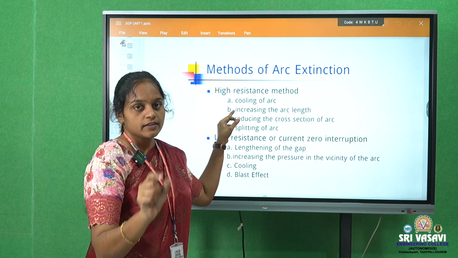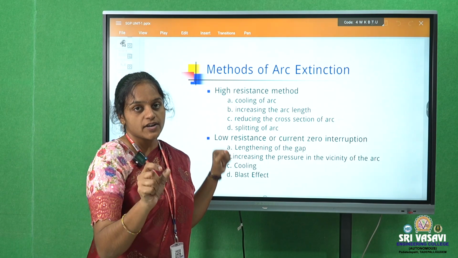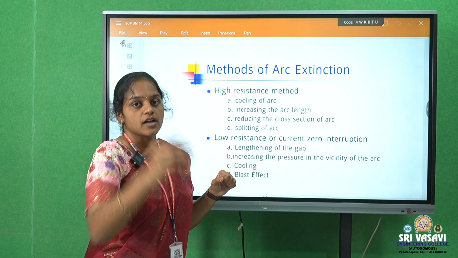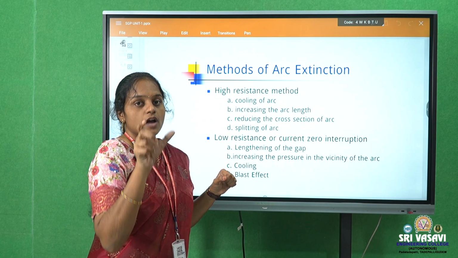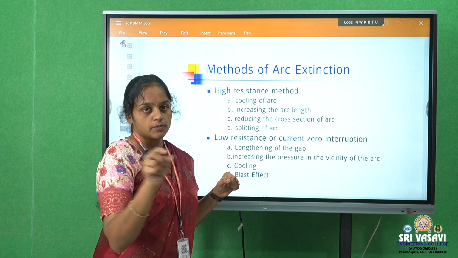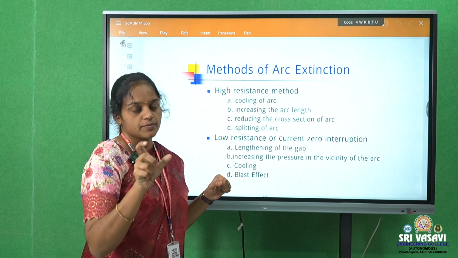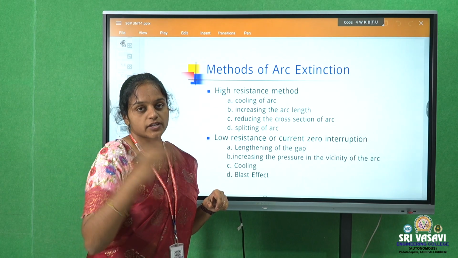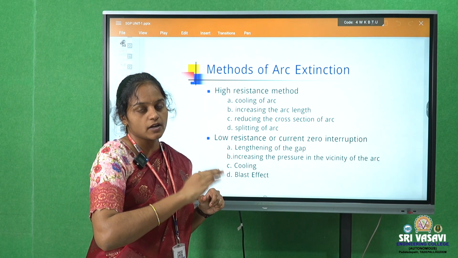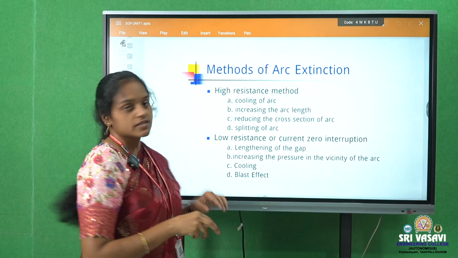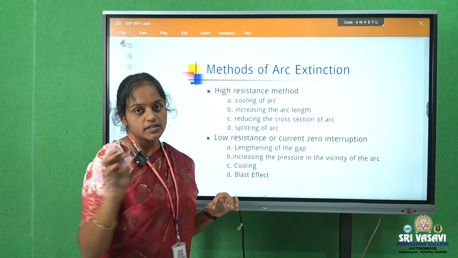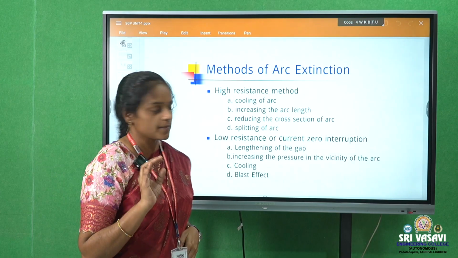While maintaining the resistance between two contacts, whenever the arc is extinguished, after some instant, if the power system is high voltage, then high voltage appears across the two fixed contacts after the instant extinguishment of the arc. So this high resistance method is only used for low voltage applications.